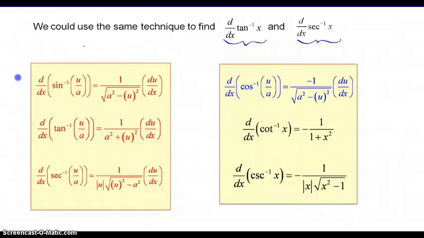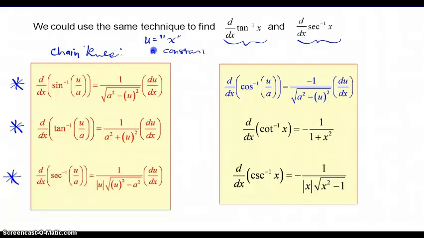You are responsible for these 3 derivative formulas, and I'm giving them to you in the chain rule form. If we incorporate the chain rule, this is the form they will take. Instead of having x, u is some expression in x. If we have the function sine inverse of u over a, where a is a constant.